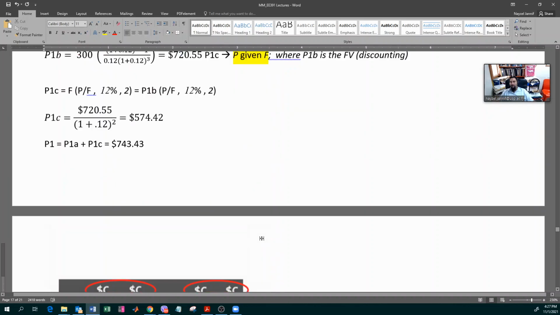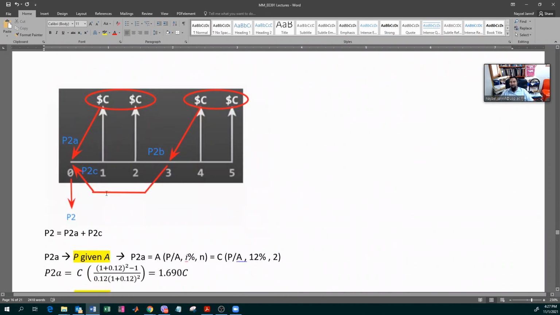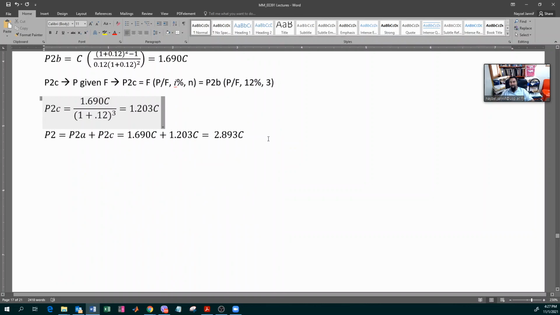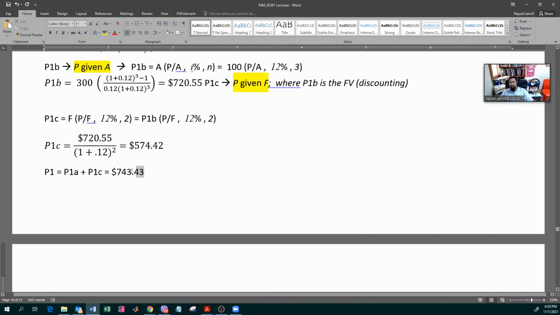Now, earlier on, one of the equations which we gave was we set that P1 is equal to P2. All right. P1, we had said that P1 is equal to P2. So, what is P1, guys? P1 is equal to, right?